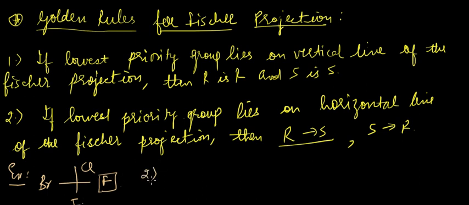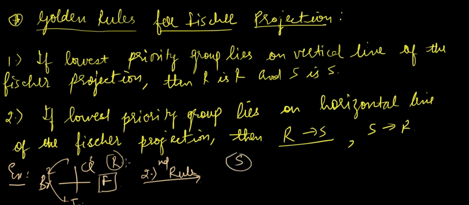So according to the second rule, if the lowest priority group is on a horizontal line, then R becomes S. What is the configuration of this compound as of now? Highest priority is this, second is this, third is this. So this is R, but the actual configuration of this compound would be S. Why? Because R becomes S if the lowest priority group is on the horizontal line.